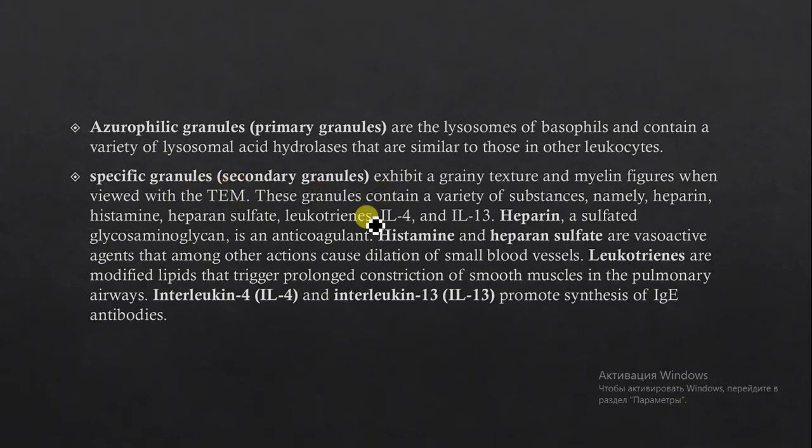But inside these vesicles we can find heparin, histamine, leukotrienes, heparan sulfate, and interleukin 4 and interleukin 13, which say nothing to you now, but you know what heparin and histamine are. Histamine is a main pro-inflammatory hormone. This hormone is released from the cells to evoke the inflammation reaction there.